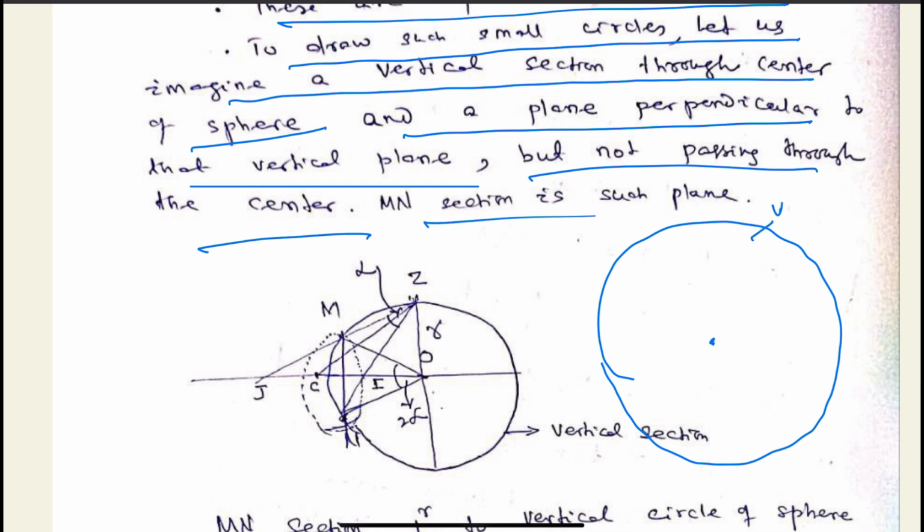This is the vertical section or vertical plane, and we imagine a section perpendicular to this vertical plane, and let it be the MN section, this section.